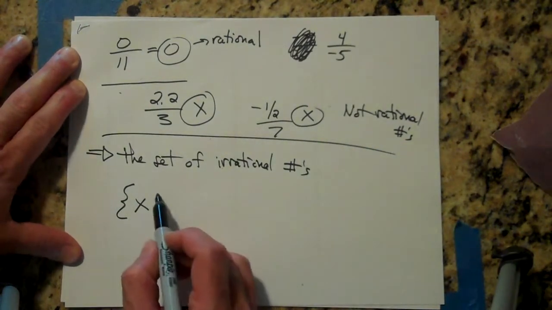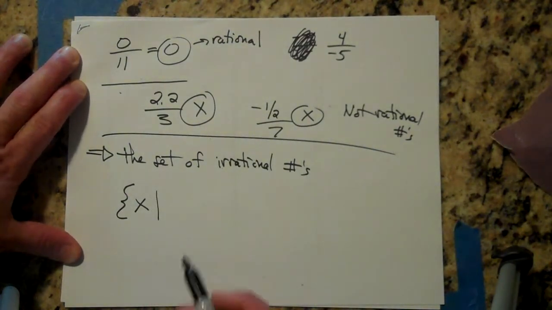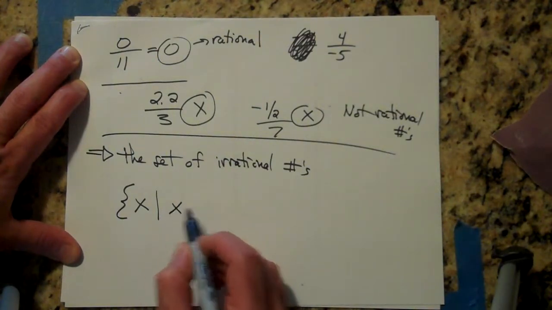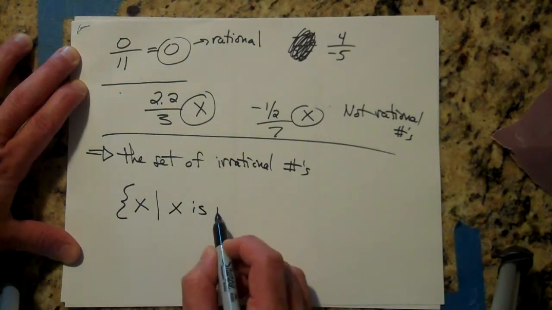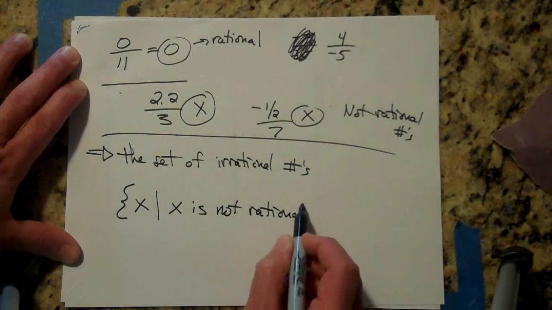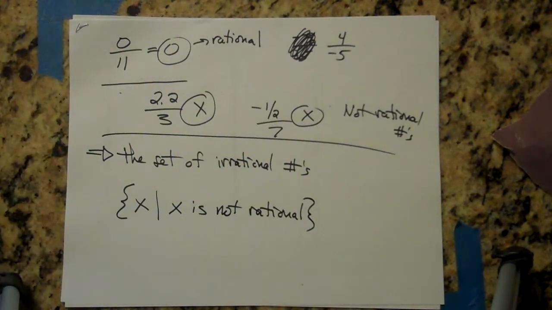I'm going to be translating the set of values x such that x is not rational. And that's pretty much it for irrational numbers. Anything that doesn't go like P over Q such that P and Q are integers and Q cannot be 0 is an irrational number. All right?